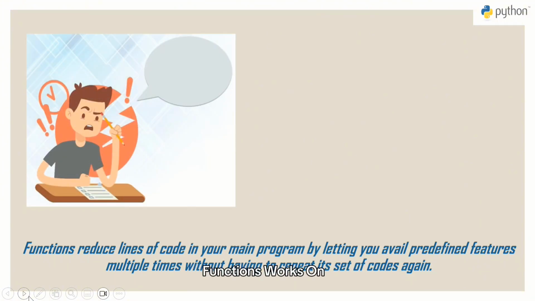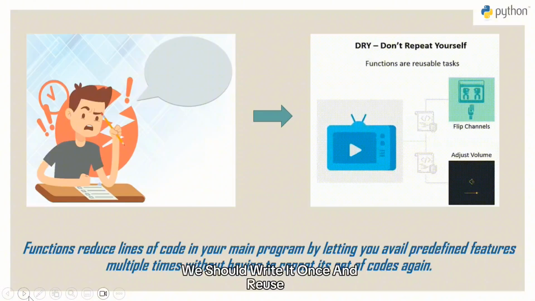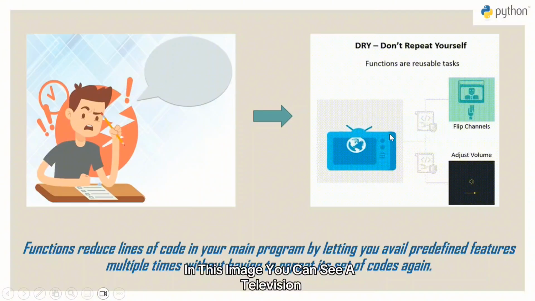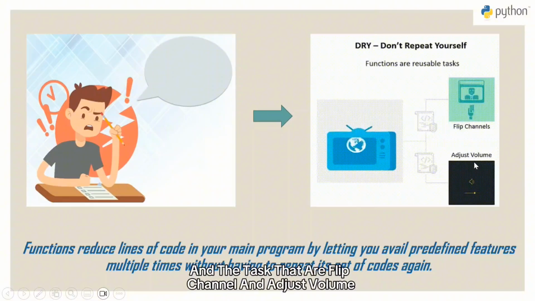Functions work on a fundamental principle of DRY, that is, don't repeat yourself. Instead of writing the same code again and again, we should write it once and reuse it. In this image you can see a television and the tasks, flip channel and adjust volume.